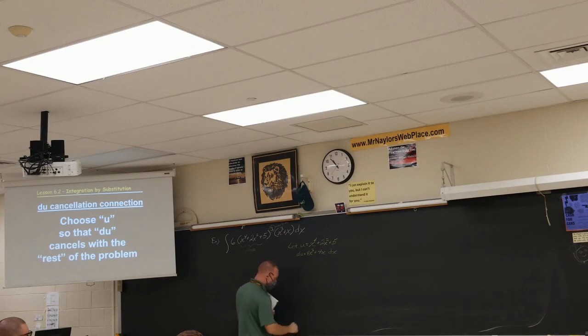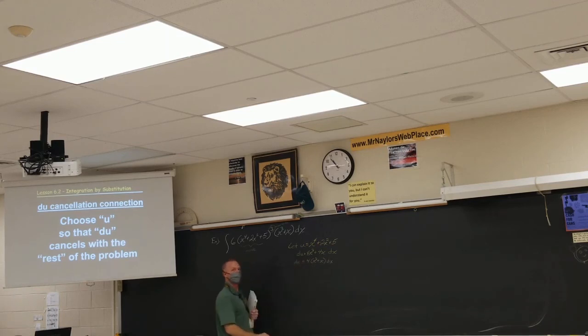But I want you to notice that we can keep some of this. Like, if we just factor out a 4, some of this is going to stay. Okay, and it's really the 4 that, in a sense, is going to stay.